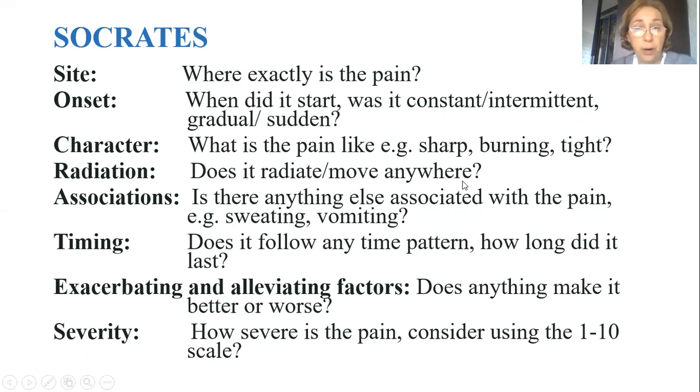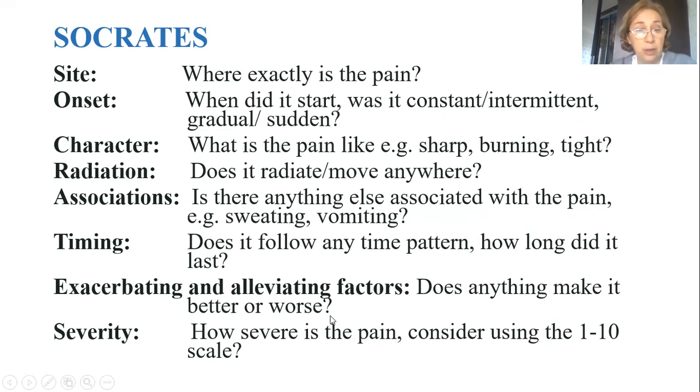Does it move anywhere? Associations: is there anything else associated with the pain, for example, sweating, vomiting? This is about the associated conditions. Then timing: does it follow any time pattern? How long did it last? It's not when it started, but how long it lasted.